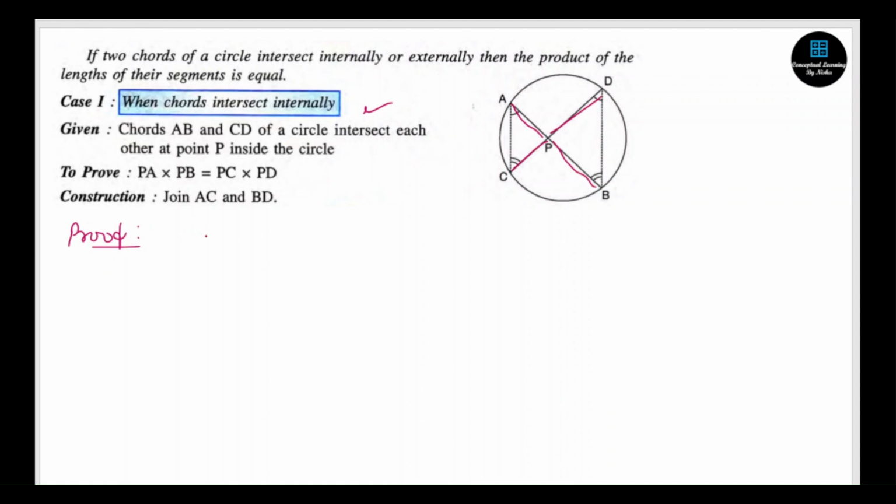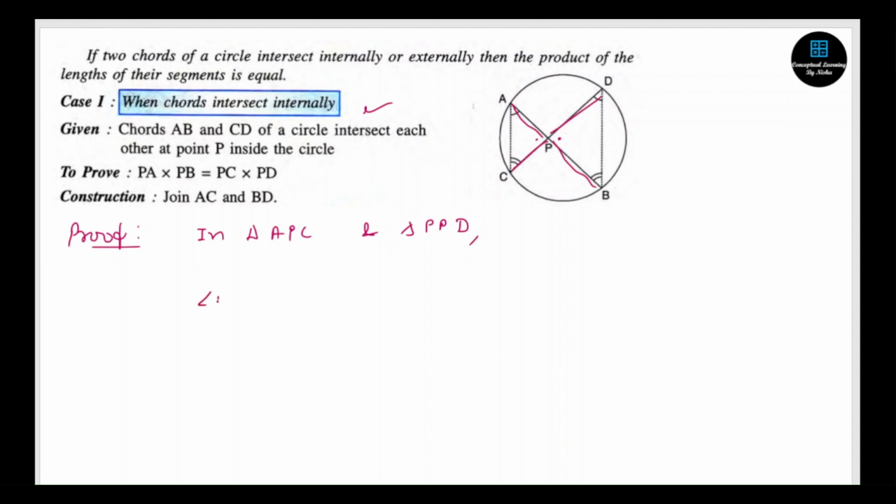In triangle APC and triangle BPD, these two angles are vertically opposite angles.